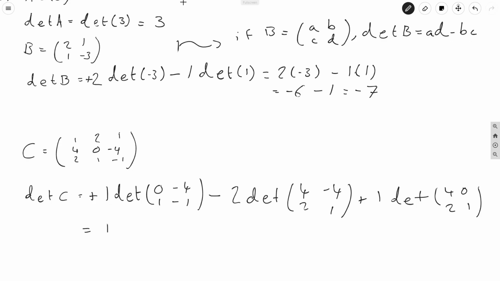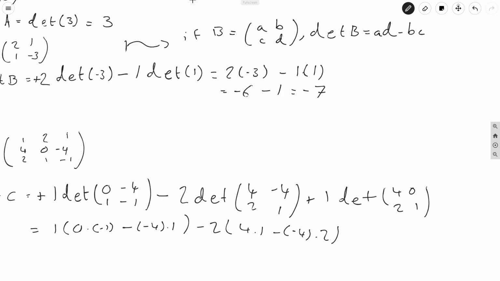Okay, so this is equal to 1 times (0 times minus 1, minus 4 times 1), then minus 2 times (4 times 1 minus 4 times 2). And lastly, we add on plus 1 times (4 times 1 minus 0 times 2). Okay? The first times the fourth minus the second times the third.